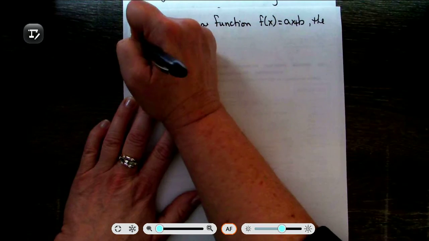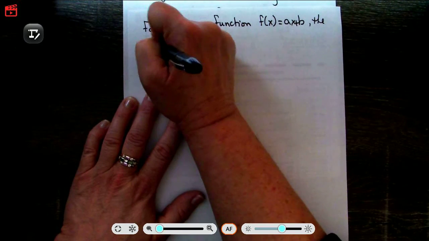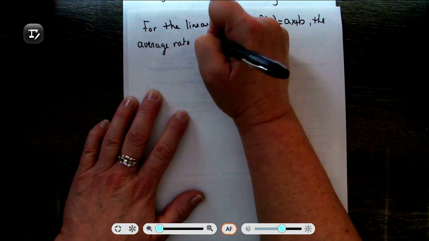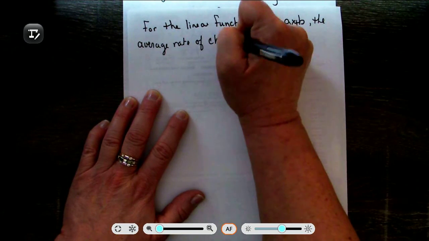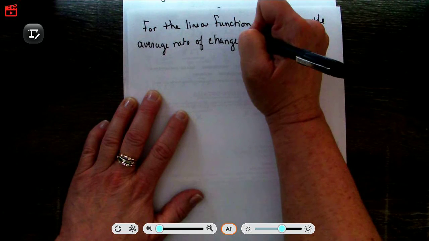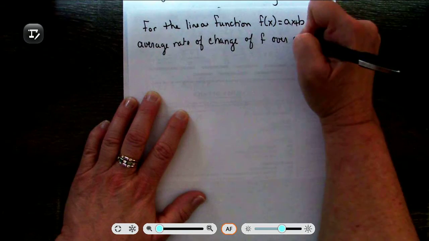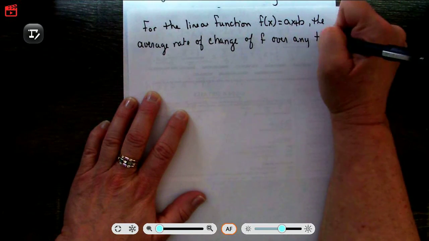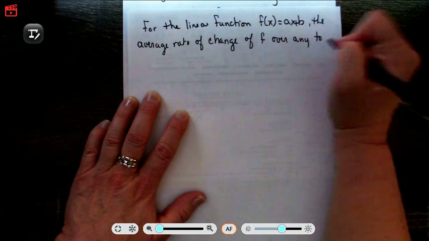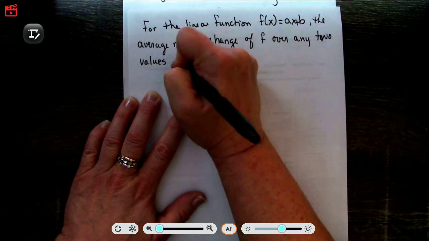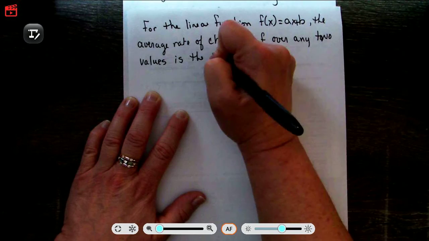The average rate of change of f over any two values, or between any two values, is the slope of the line.